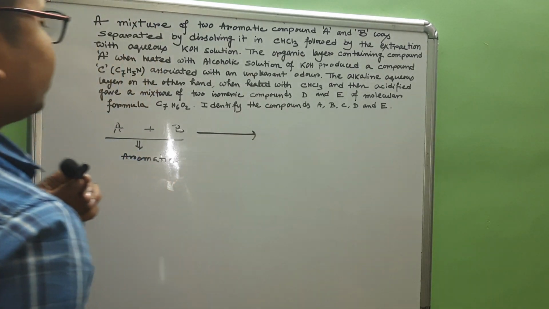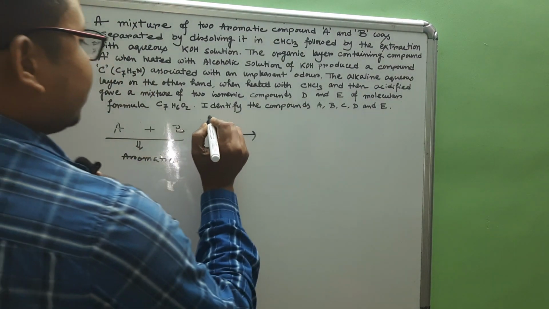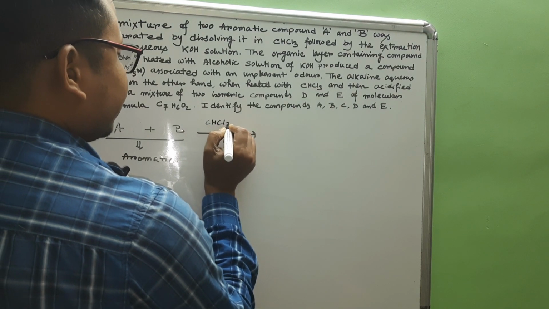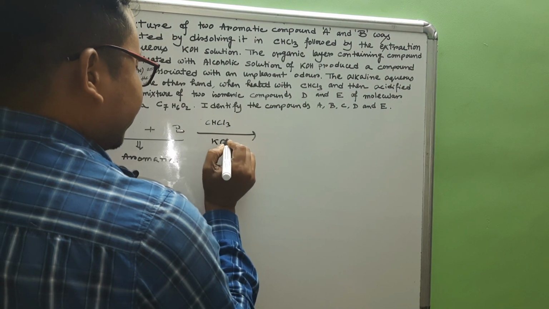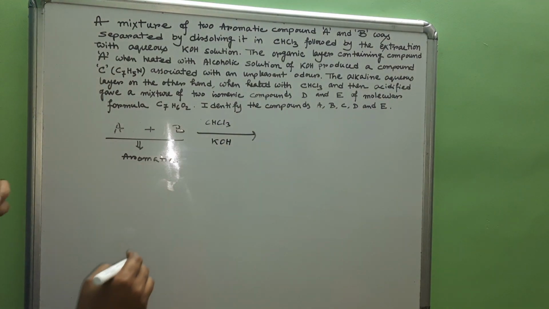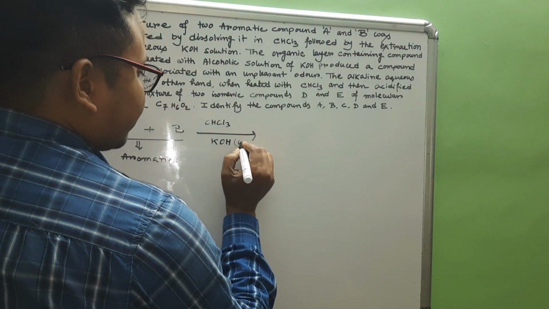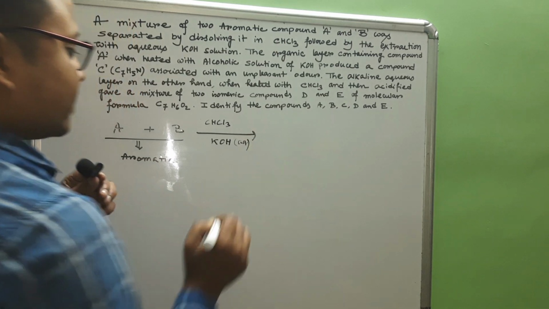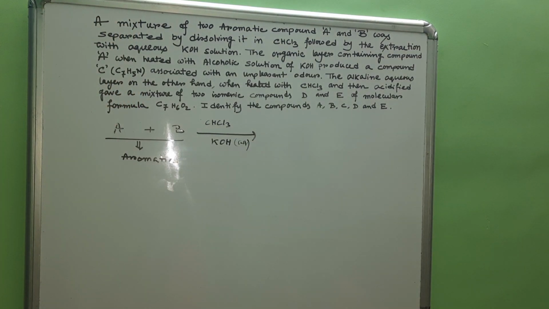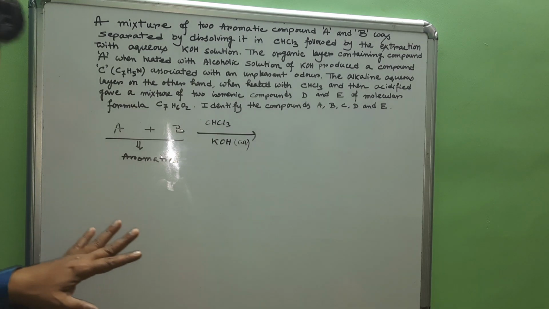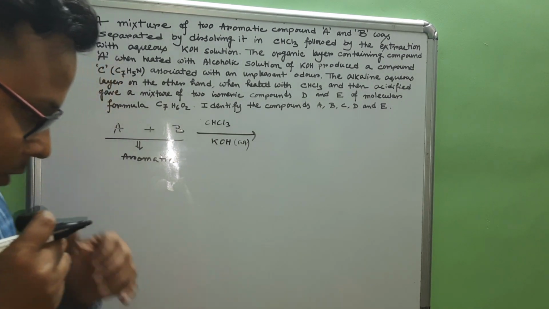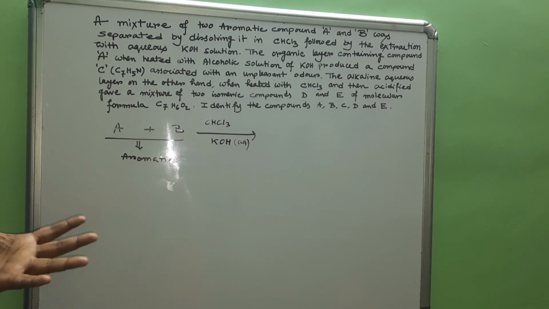The mixture of A and B is dissolved in CHCl3, followed by the extraction with aqueous KOH solution. If the aromatic mixture is treated with CHCl3 and KOH, then the mixture basically forms two layers. One is the aqueous layer, another is the organic layer.